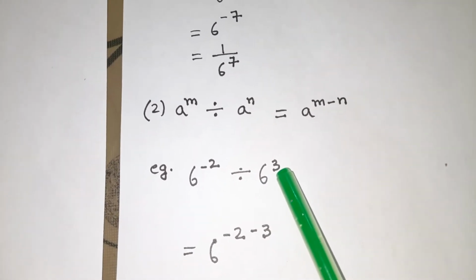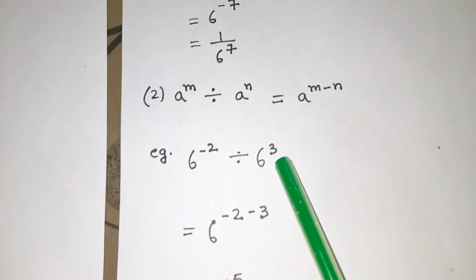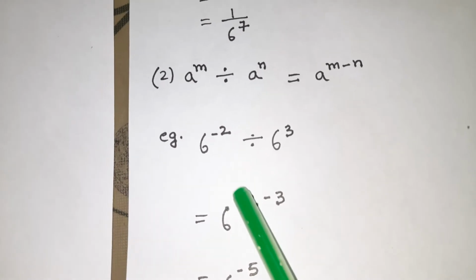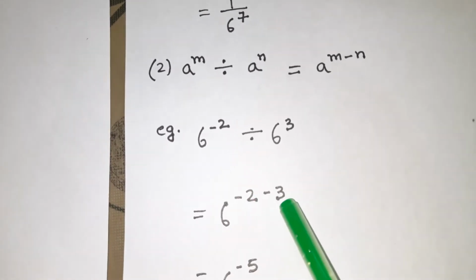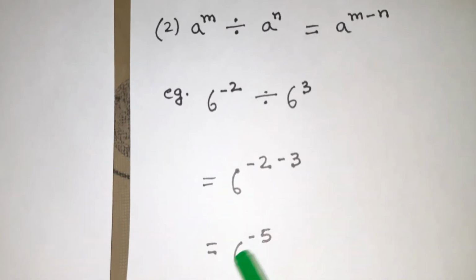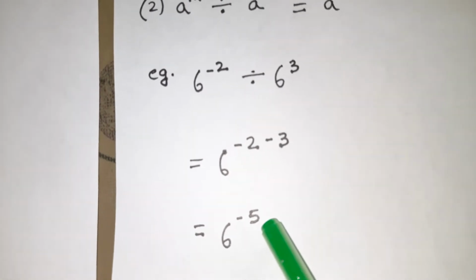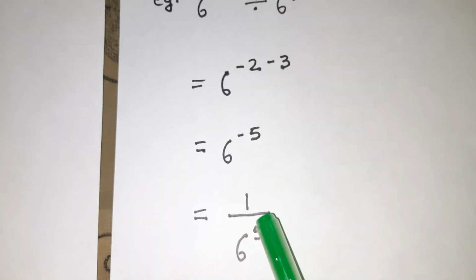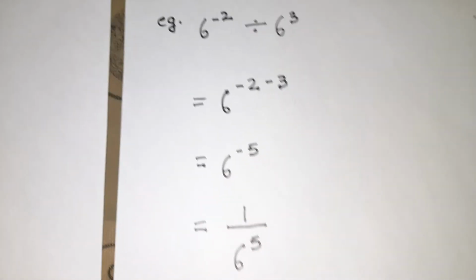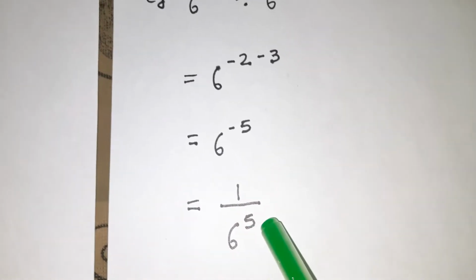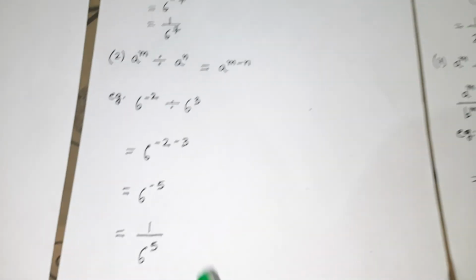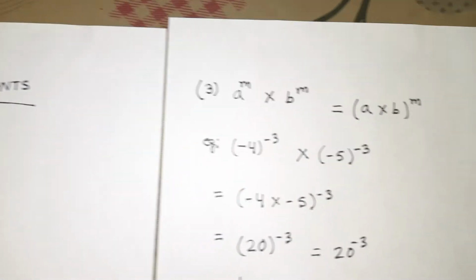What will you do? Just subtract the powers. Bases are the same. So 6 to the power minus 2 minus 3, which becomes 6 raised to the power minus 5. Is it clear? Now again you will change it into positive. 1 by 6 raised to the power 5. Is it clear?